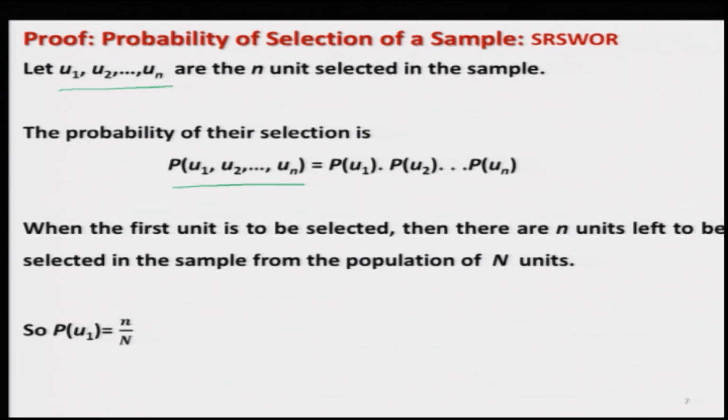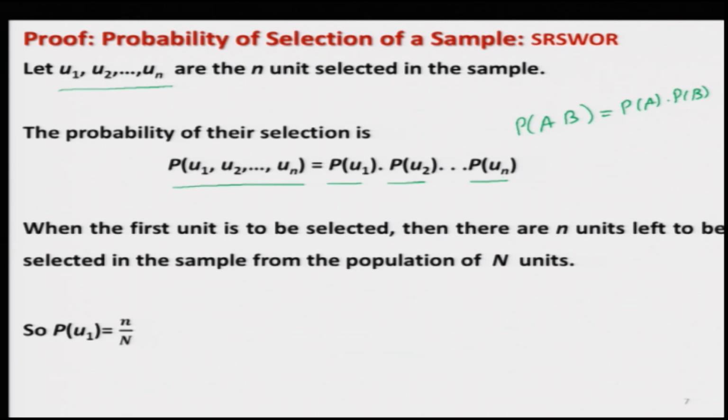The rule is that if I have two events A and B, and A and B are independent, then the probability of the joint occurrence of A and B is given by the product of the probability of occurrence of A and the probability of occurrence of B. Extending this rule to selection of u1, u2, un, I can write this probability as the probability of u1 into the probability of u2 into the probability of un.